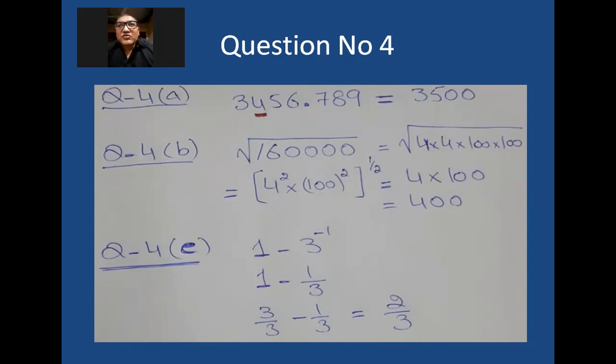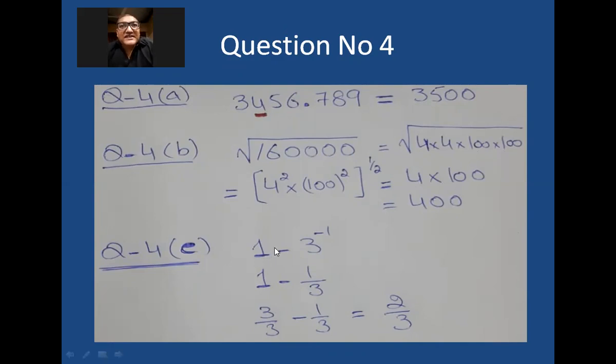So when I take the square root, you see here under the root, this is 4 into 4 into 100 into 100. So of 4 and 4, one of them will come out, and of 100 and 100, one of them will come out. So the final answer will be 400. So I hope you have understood.